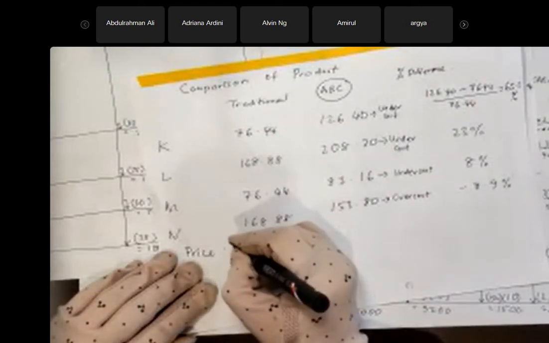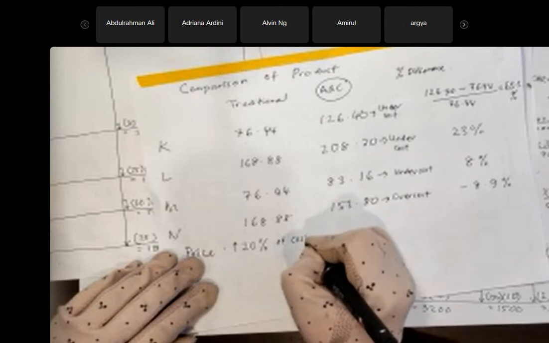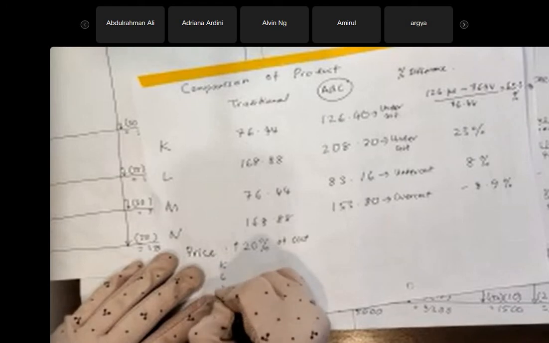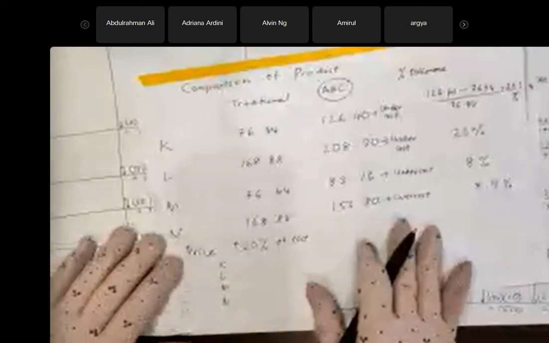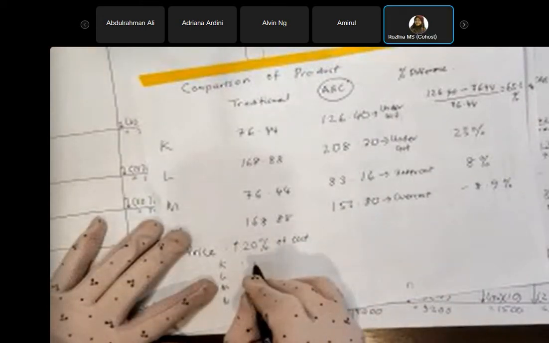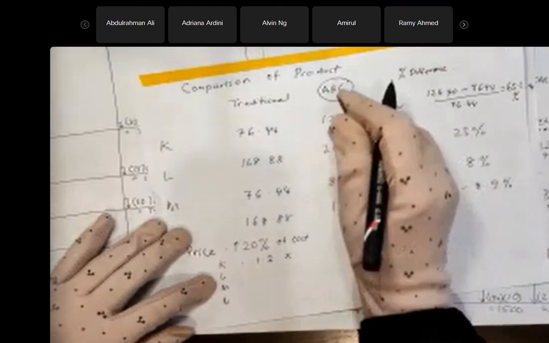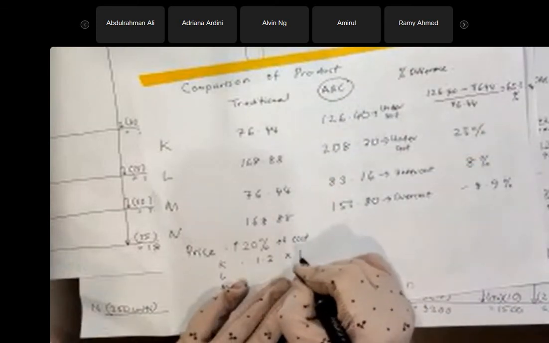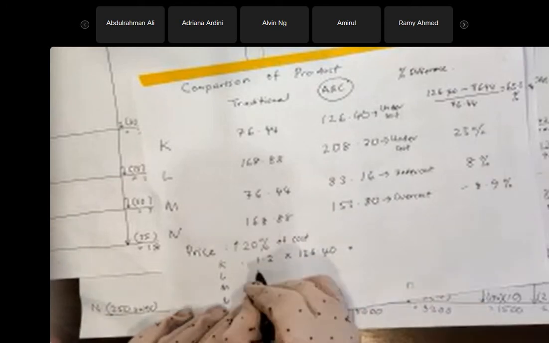How to do this? Multiply the cost per unit by 1.2. Let's say we take the ABC, so 1.2 multiplied by 126.4. So you get the answer.